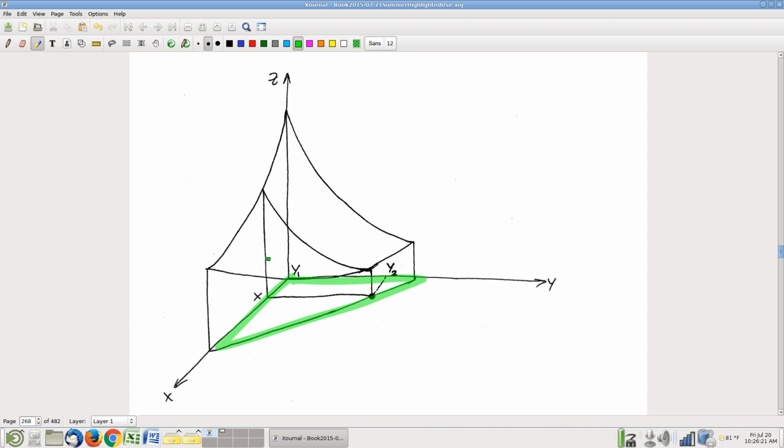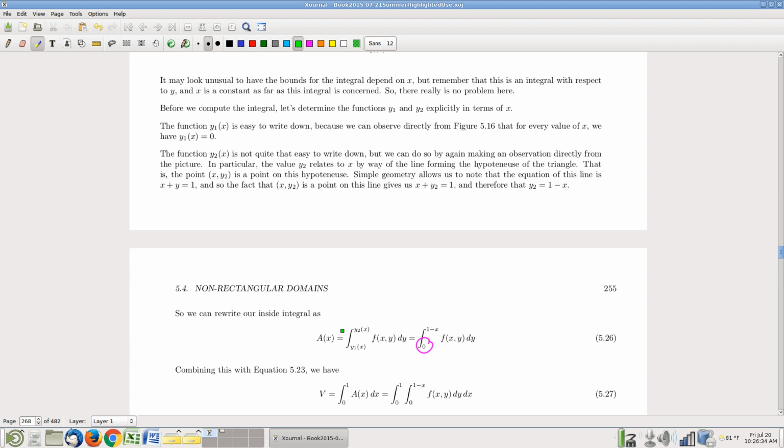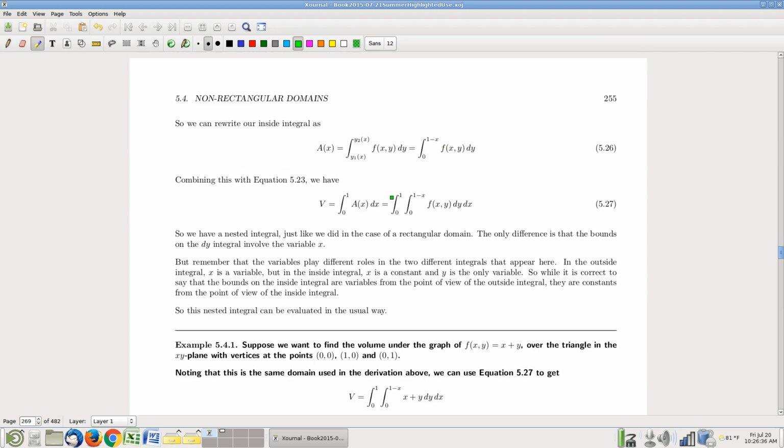Okay. So the way I want to simplify these pictures is to point out that there's really only so much information that we need from these pictures, and we can streamline exactly where that information comes from. There are two things that we need when we're writing an iterated integral.